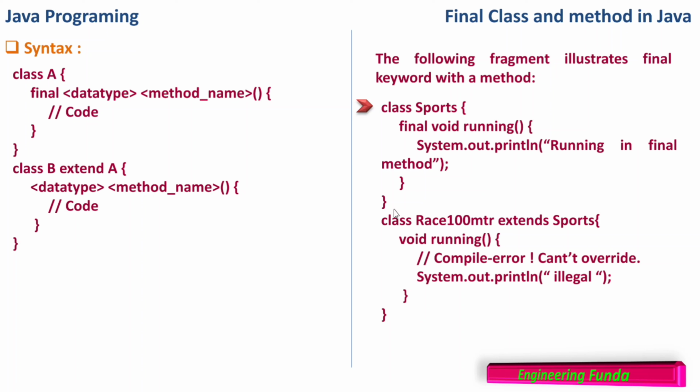Everything is fine till this point, and if we write here void running, we will get a compiler error saying that we cannot override. This is an illegal statement because the running method here is final and we cannot override this method in the derived class, because what we want is that this running method should have the same implementation throughout its derived classes. I hope this final class and final method is clear, my dear friends.